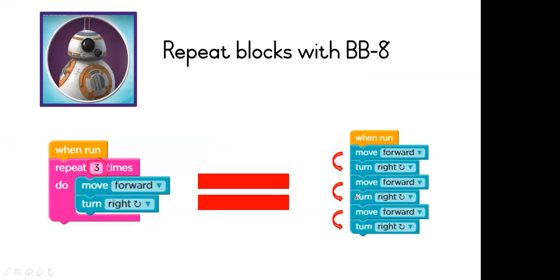That's the second one. And then the third one, move forward and turn. Do you see it's the same thing? Move forward, turn right. Move forward, turn right. Move forward, turn right. So both of these blocks are repeated 3 times. 1, 2, 3. So instead of using 1, 2, 3, 4, 5, 6, 7 blocks, we can use 1, 2, 3, 4 blocks. Okay, so we always try to find the least amount of blocks that we can use.